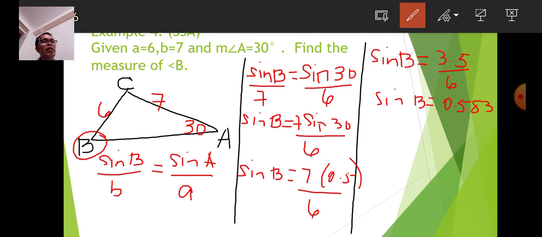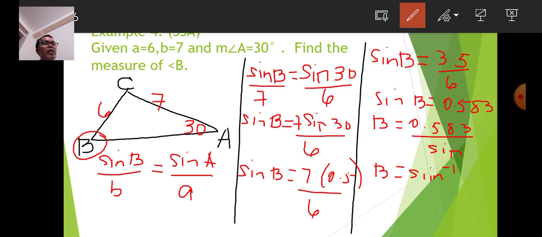0.583. Taking the inverse sine of both sides, B is equal to arc sine of 0.583.